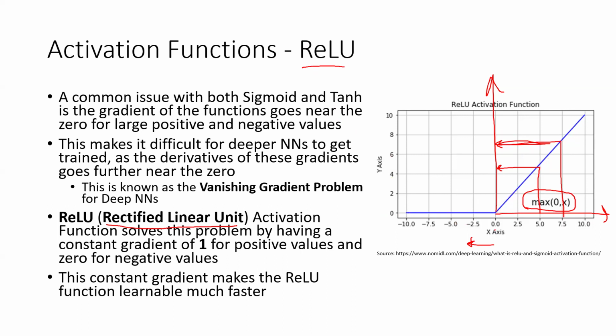It is linear only in the positive range. This ReLU function is the first known best activation function that can be used inside a deep neural network.